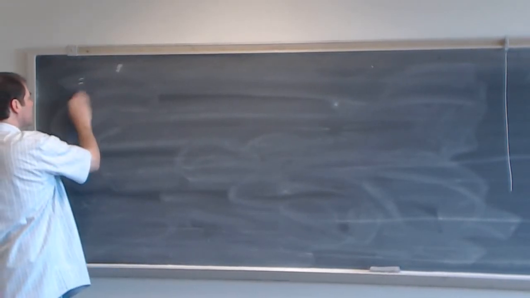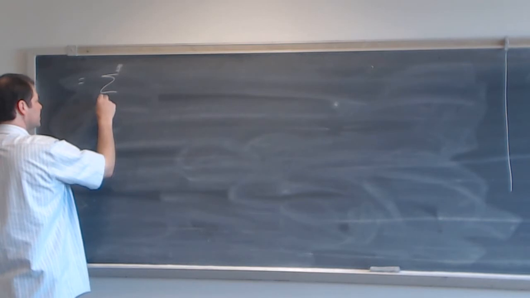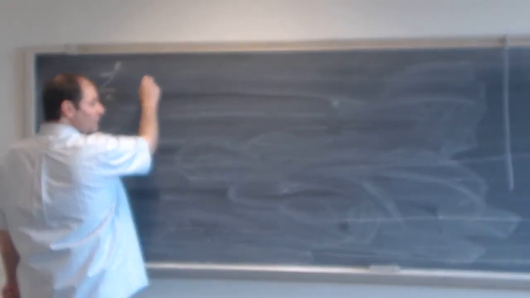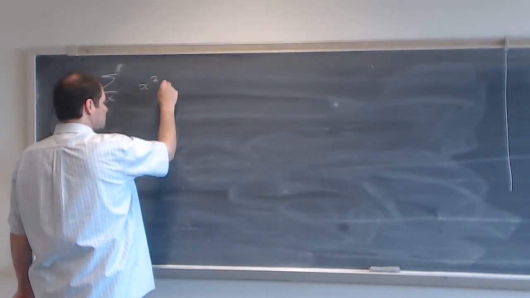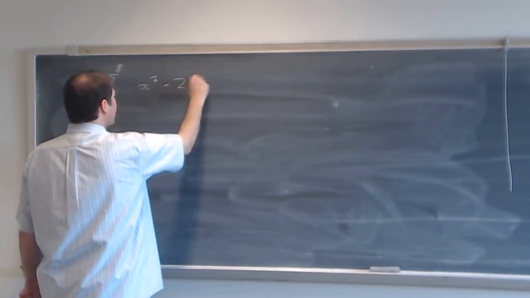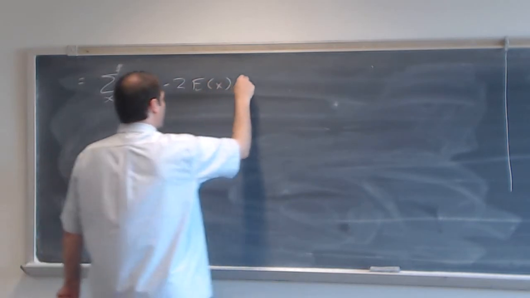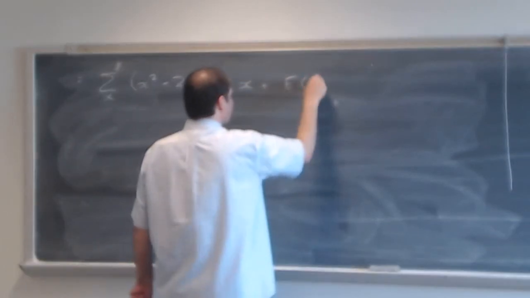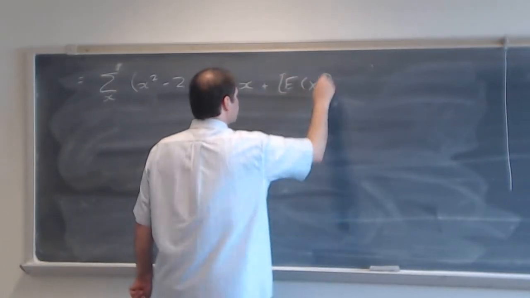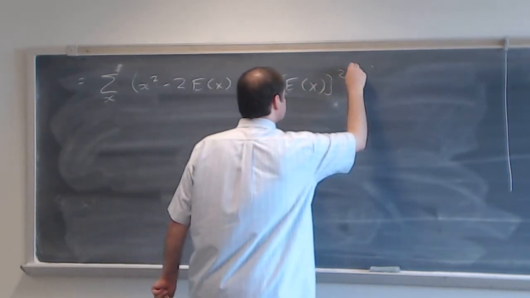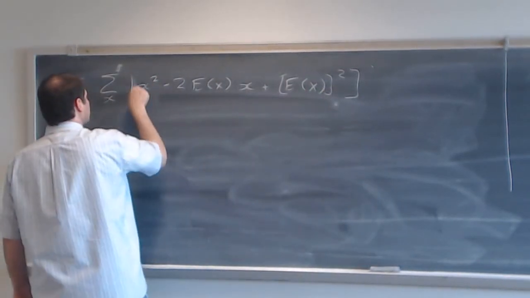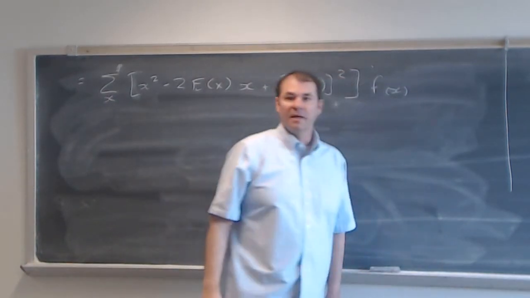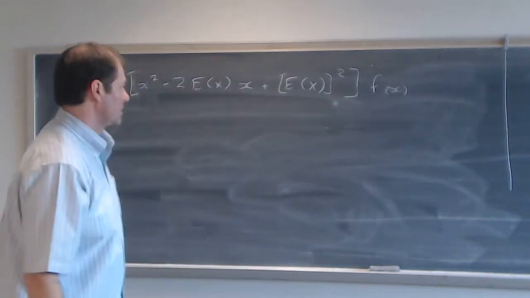So that's equal to, because it's a discrete random variable, from our definition, the sum over the output values for X of X squared minus 2 times the expected value of X times X, plus the expected value of X squared, and all of that, let's put the brackets here, times f of x, which is the PMF of the random variable X, the probability mass function.